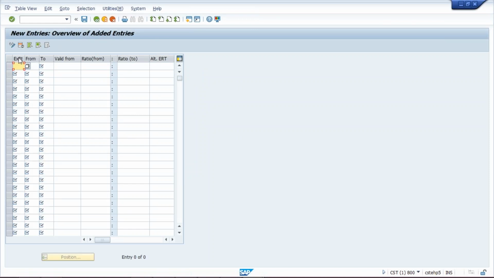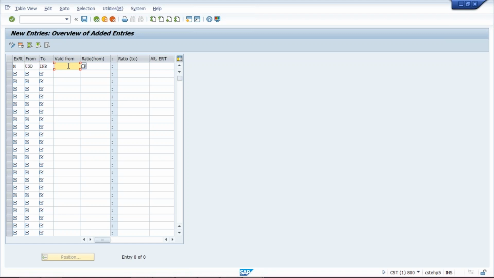And here the system is asking for exchange rate type. Always maintain the exchange rate type. For average rate, SAP has already given a standard exchange rate type, that is M. So we'll maintain M here, and from, I'm going to maintain the rate of one currency, that is USD, to Indian currency.